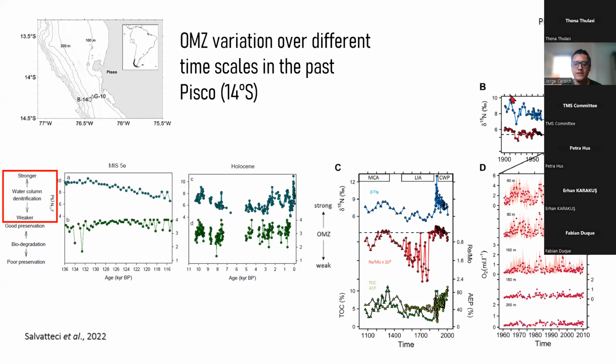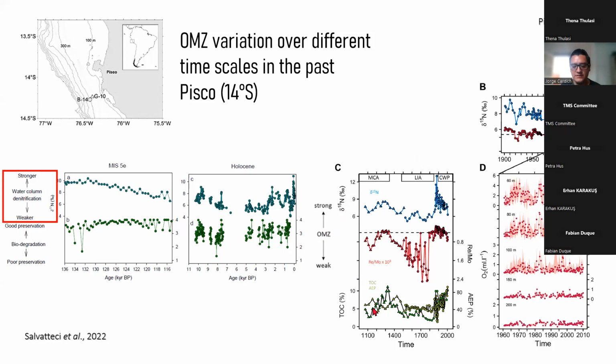In closer times, in the panels on the right, we have this example of the intensity of the OMZ, again with delta nitrogen-15. For the last millennium, we have ups and downs, and it's related to the exported productivity from the surface to the bottom.